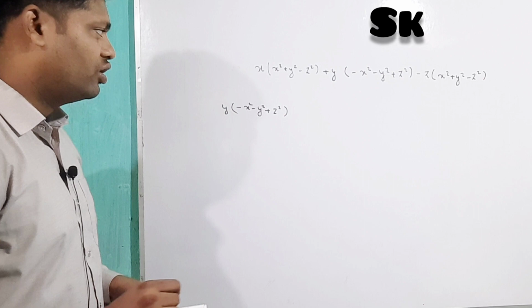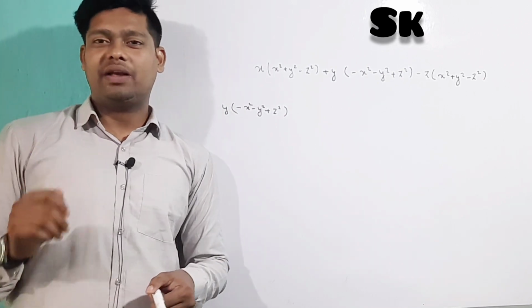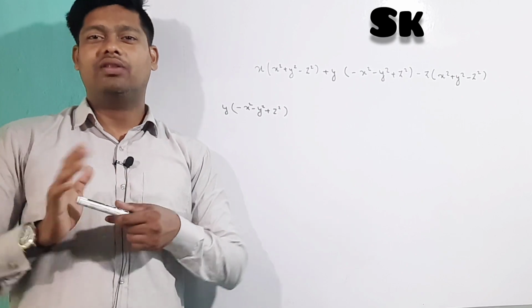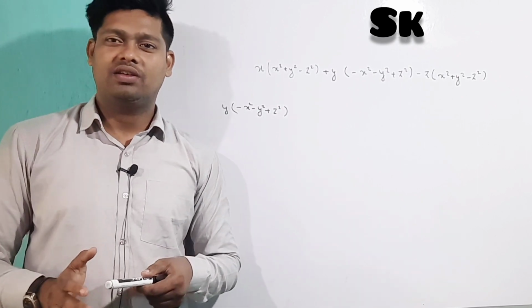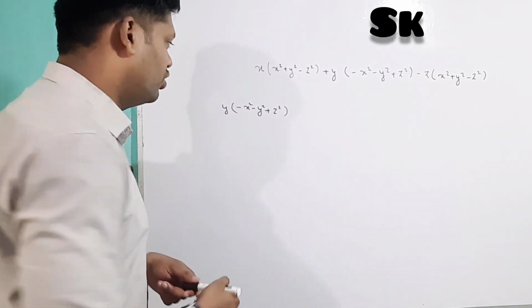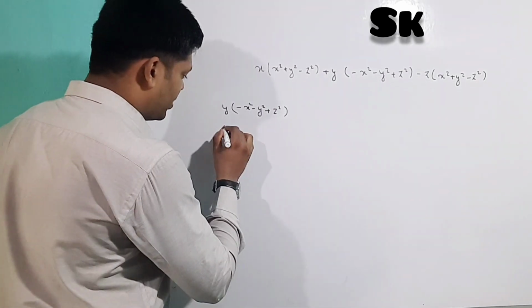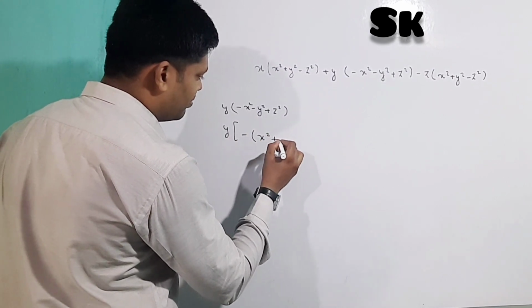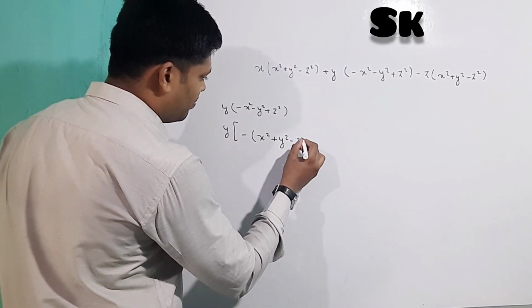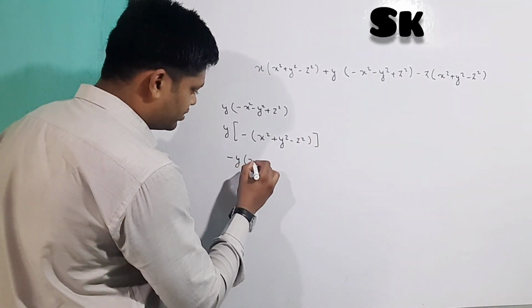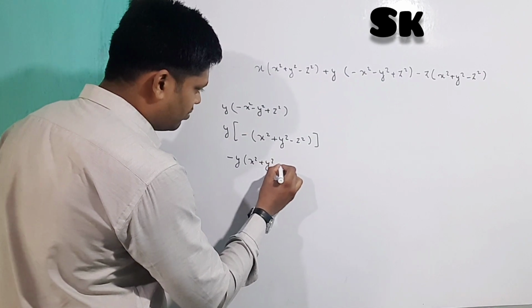So whenever I take minus outside the bracket, all the signs inside the bracket change from minus to plus, plus to minus. Now I take minus common, again the same method, whatever plus is there will become minus, minus will become plus. Outside y, minus y square plus y square minus z square.